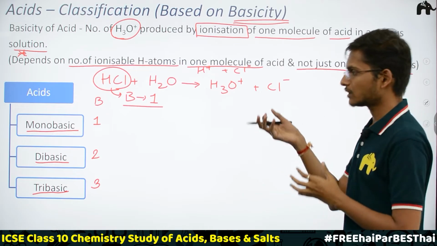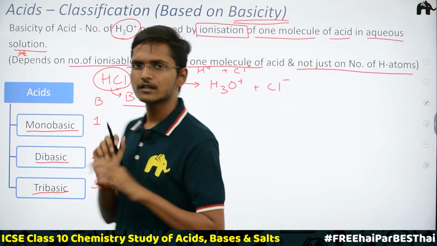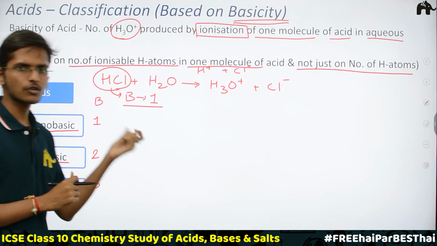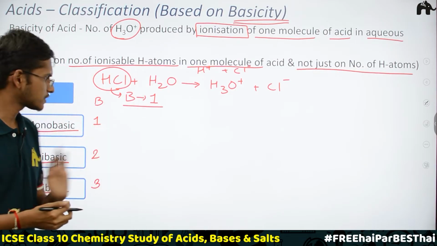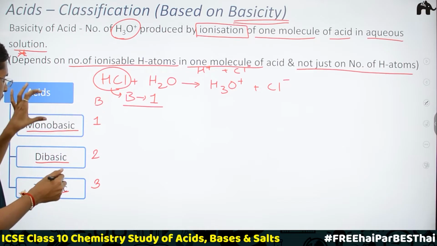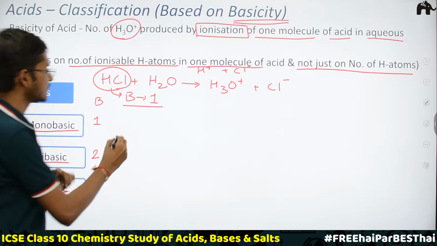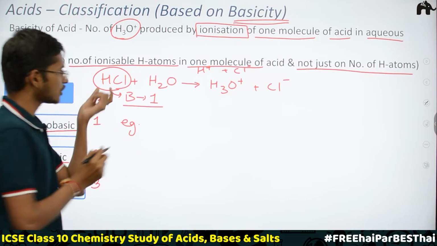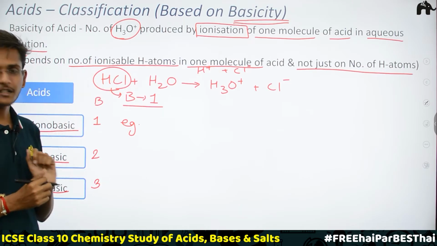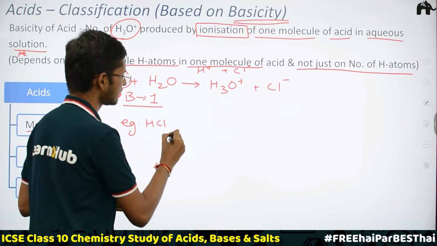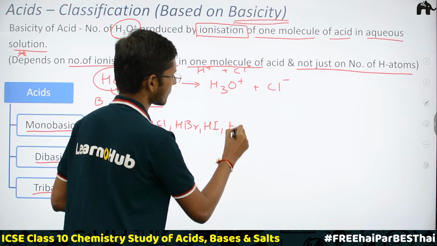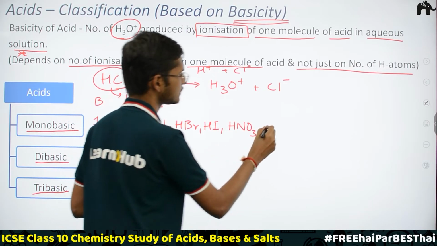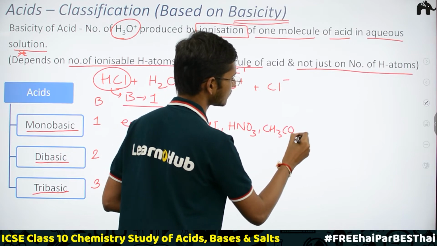So how such acids which we are going to see right now, the examples of those acids, how they are monobasic, by looking at the ionization equations. So first let's start with the monobasic acid, examples of monobasic acids. So just now we have seen one example, HCl, correct? Like that we are having other examples like HBr, HI, HNO3, CH3COOH.